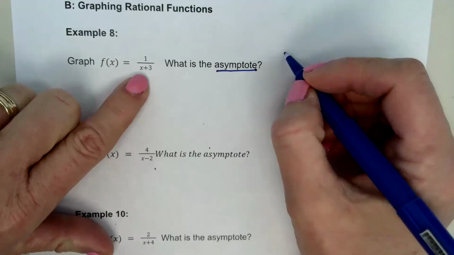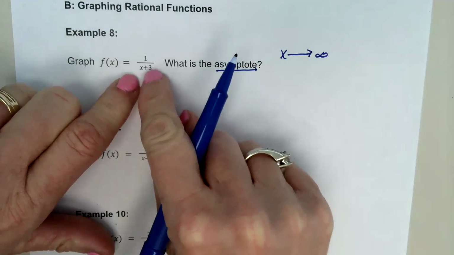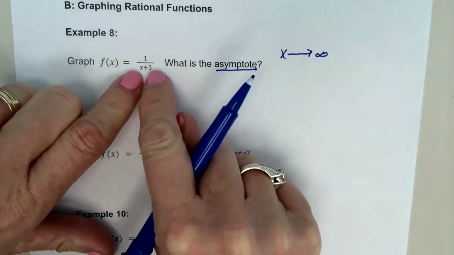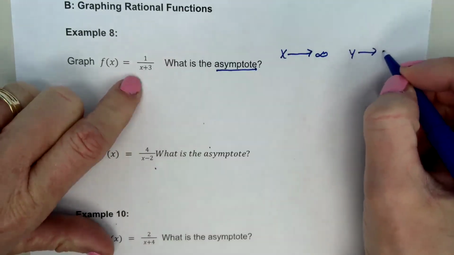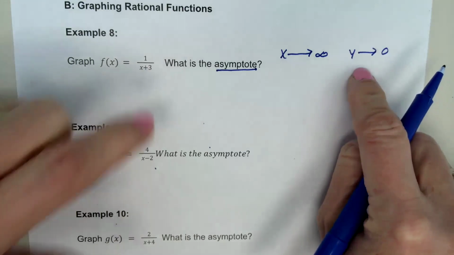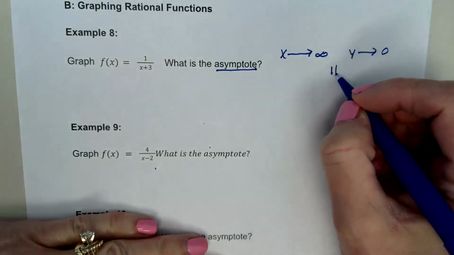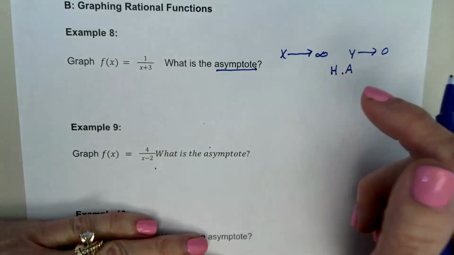So when x gets infinitely large, our denominator is going to get infinitely large, and so this overall fraction is going to go close to 0. So there is a horizontal asymptote, called an HA, a horizontal asymptote at y equals 0.